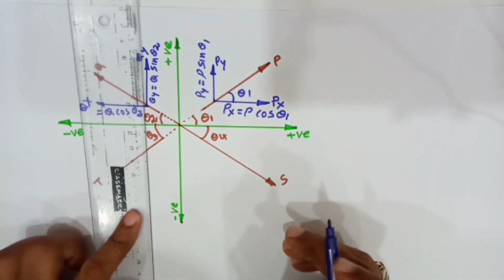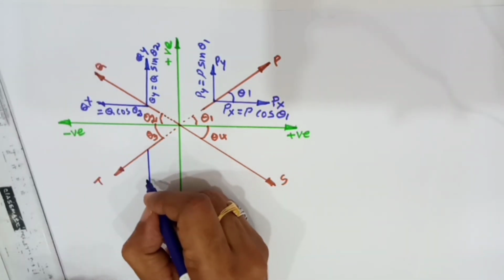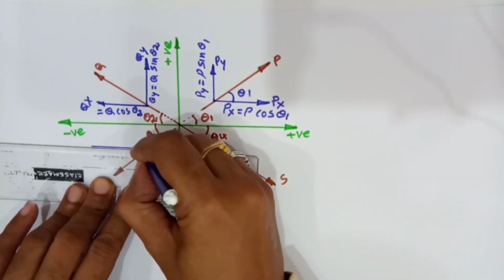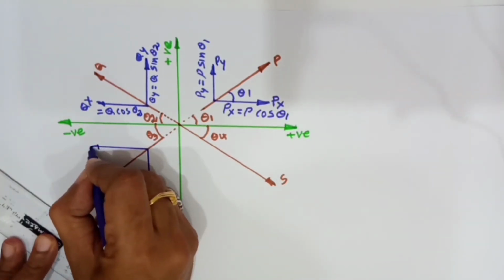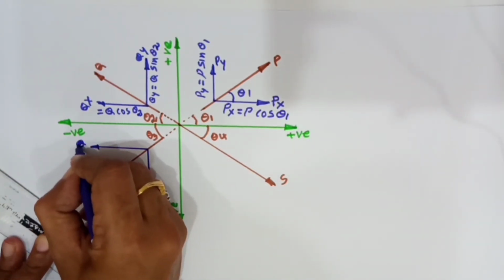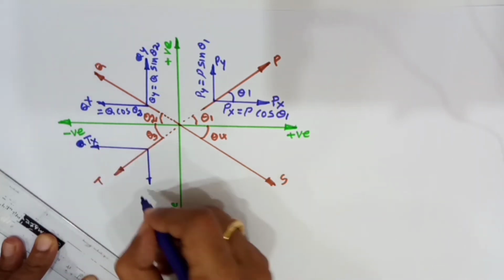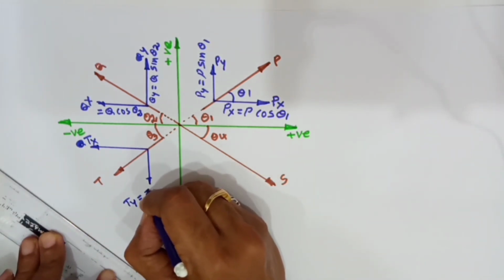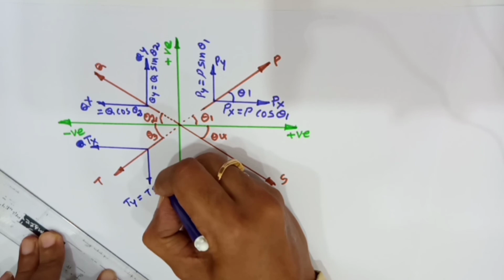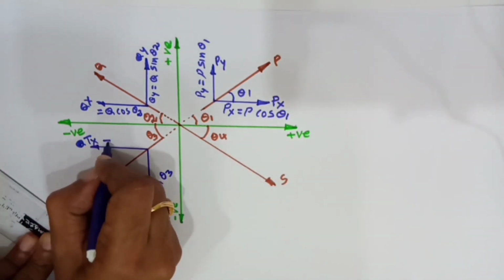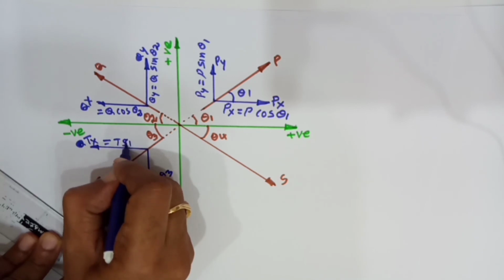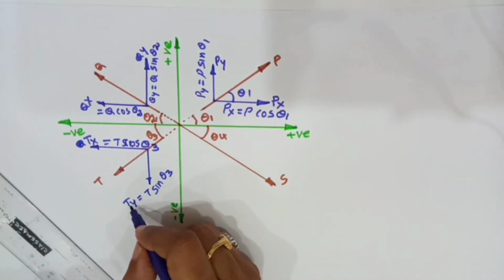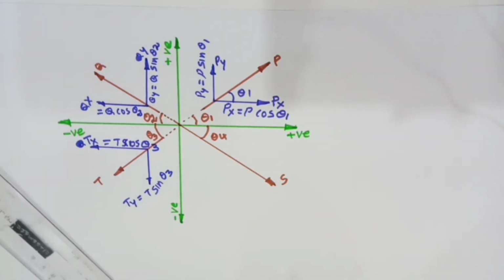Then for force T, vertical component and horizontal component, say Tx and Ty. Ty is equal to T sin theta 3. Tx is equal to T cos theta 3. Here both Tx as well as Ty are negative.